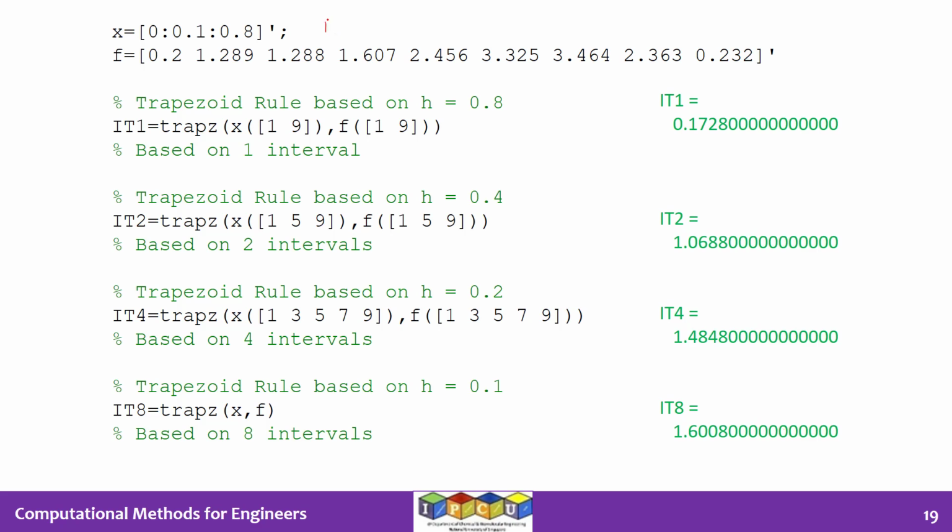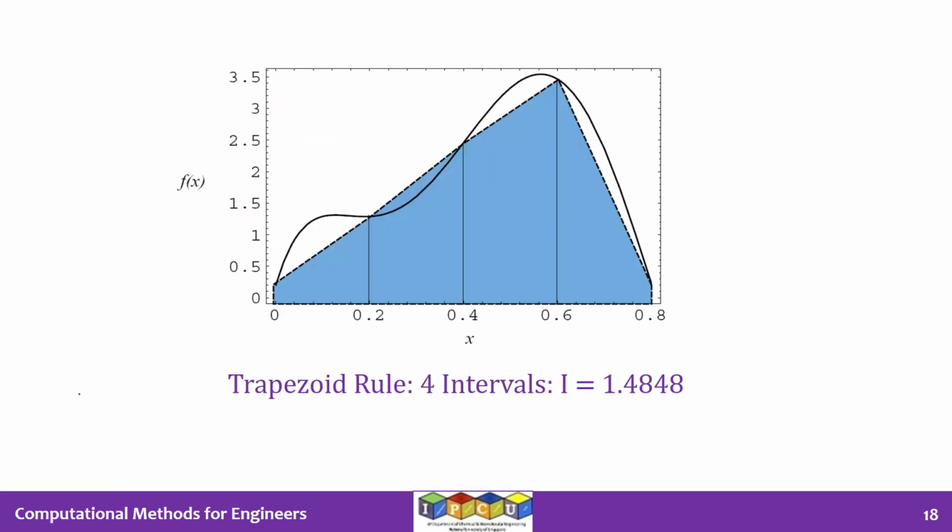So this is the x data, this is the f data, and both of them are column vectors because I've used transpose here. So first off, I'm trying to use h equal to 0.8. That means I'm going to base my integral estimate on just one interval. So going back here, I'm going to consider only the data point at x equal to 0 and the data point at x equal to 0.8.